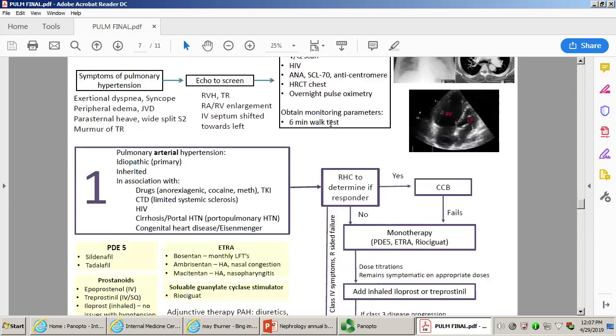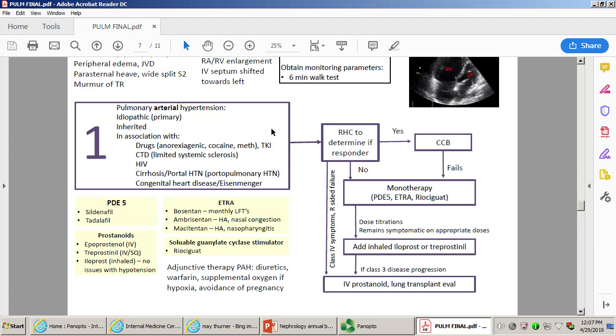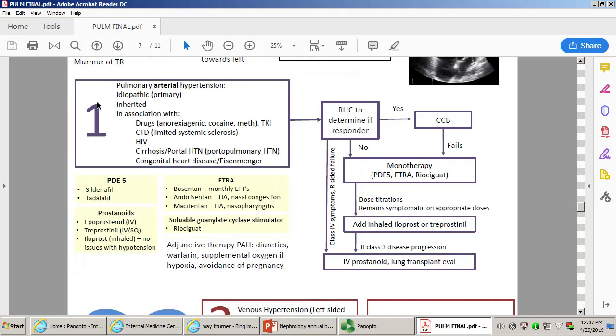And really the right heart cath is for class 1, group 1 pulmonary hypertension. You are using it to determine severity, and to also determine if they are a responder for which meds? Calcium channel blockers.